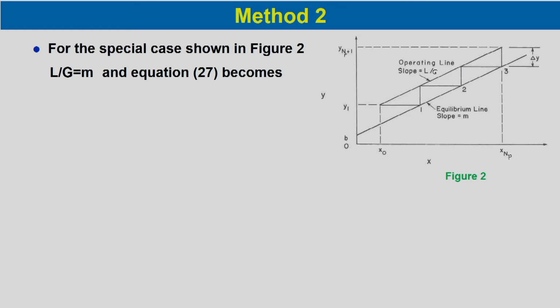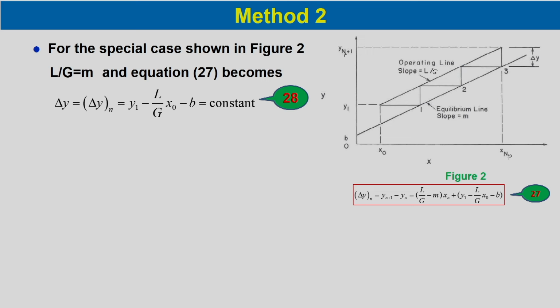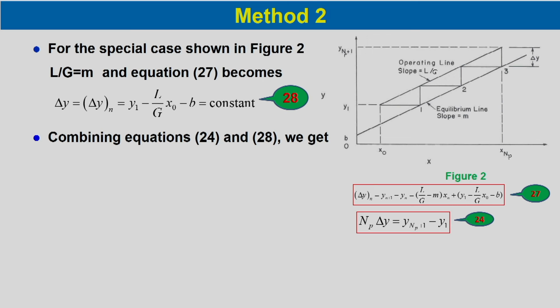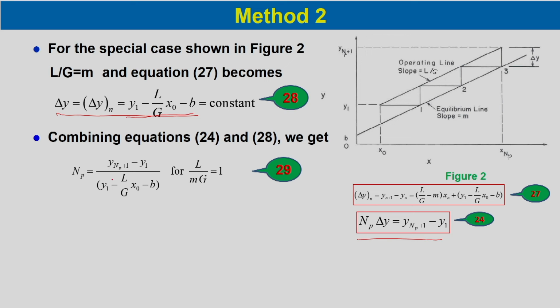Then equation 27 becomes delta y n equals y 1 minus L by G x naught minus b, which is a constant. Combining equations 24 and 28, we can write N p equals y N p plus 1 minus y 1 divided by y 1 minus L by G x naught minus b, and this is valid only for L by m G equal to 1.